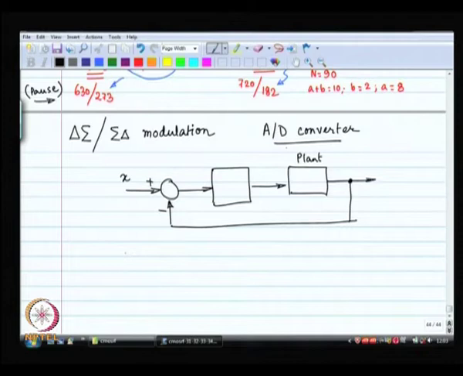This is a feedback control system, and a sigma delta modulator is just another feedback control system. The plant that I am talking about over here is an A to D converter, it is a coarse A to D converter.